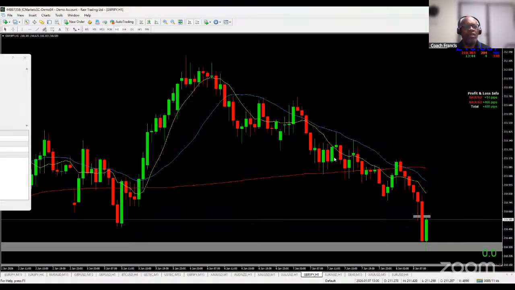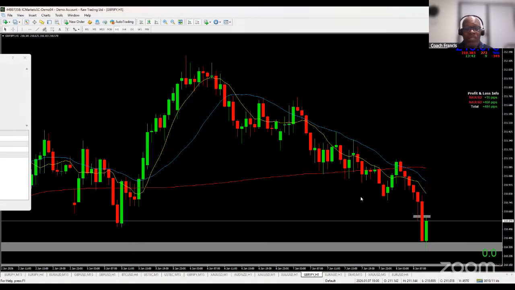So another tip for you to go away with today: when price has been going in one direction, it's only when it takes out the last candle. In this case, the price has been dropping. One of the ways of knowing when it's most likely going to reverse, or at least pull back, is when the last candle is taken out.